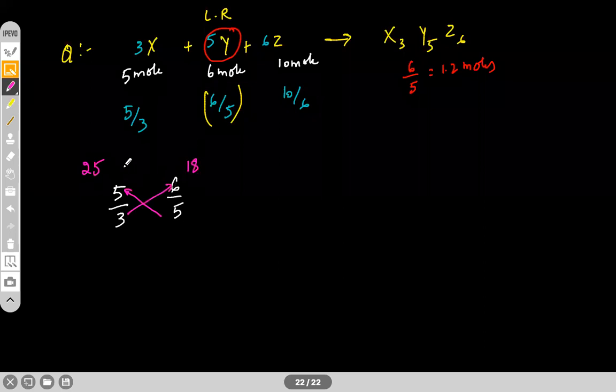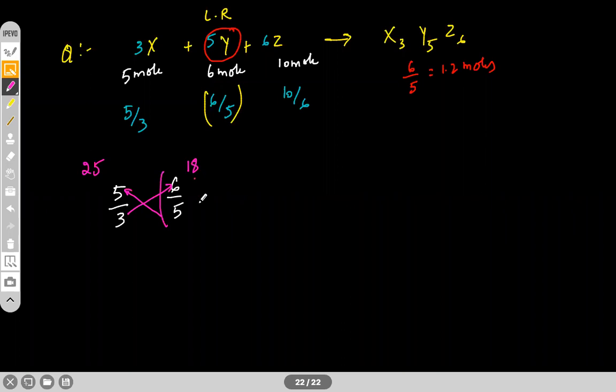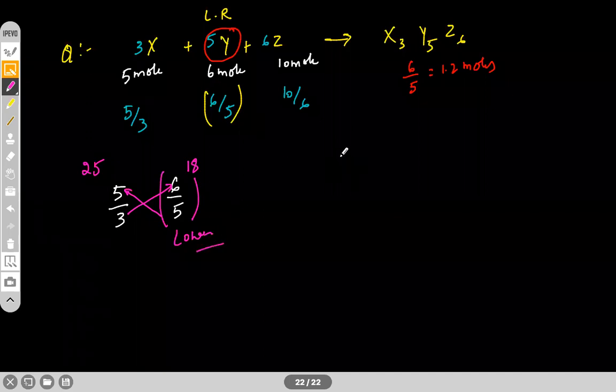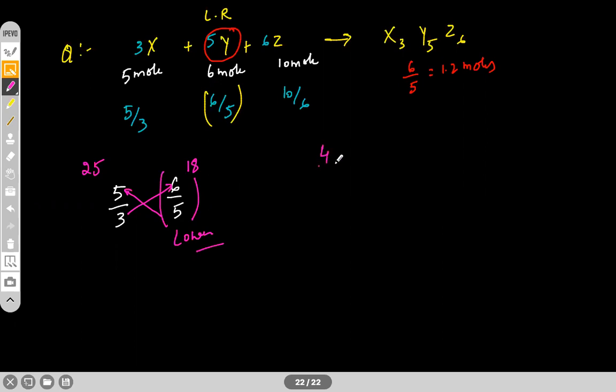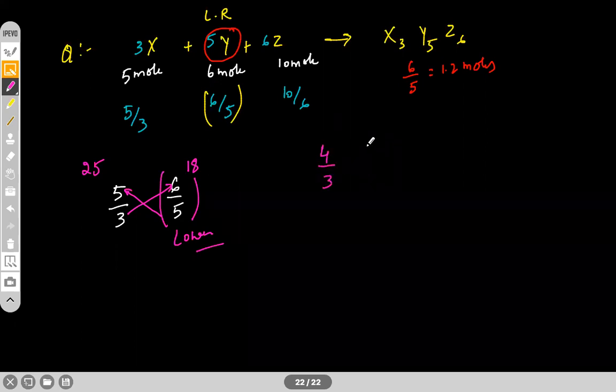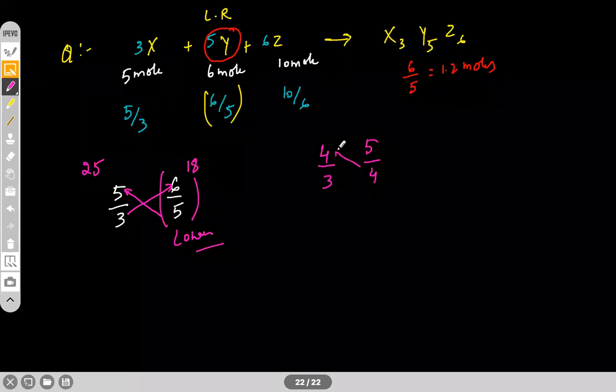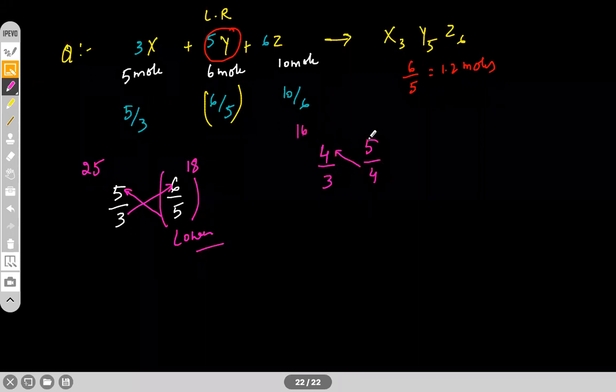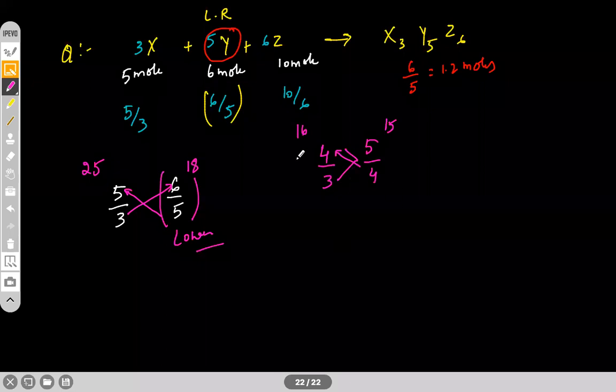So this is lesser than this. It means this ratio is lesser, and the lower value is this. Suppose you want to compare 4 by 3 and 5 by 4: 4 into 4 is 16, 5 into 5 is 25. Just cross multiply and compare. Understood?